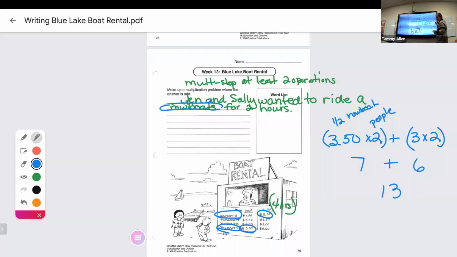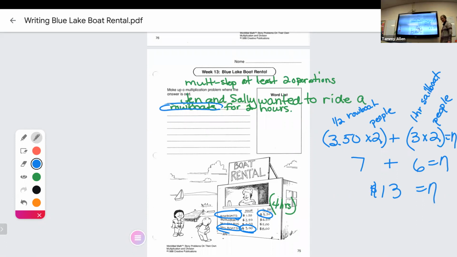What was the 3? And now we're doing seven: 1 hour of sailboat for 2 people. Okay? And it equals N.